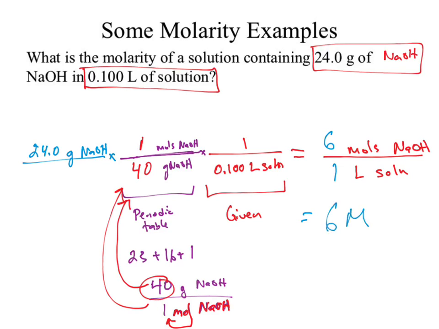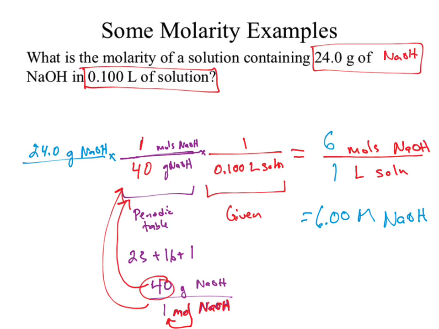Capital M. 6 capital M sodium hydroxide. Before you tell me I'm wrong, I know. It's 6.00 molarity of sodium hydroxide. We had to watch out for our sig figs. We had 3 sig figs.